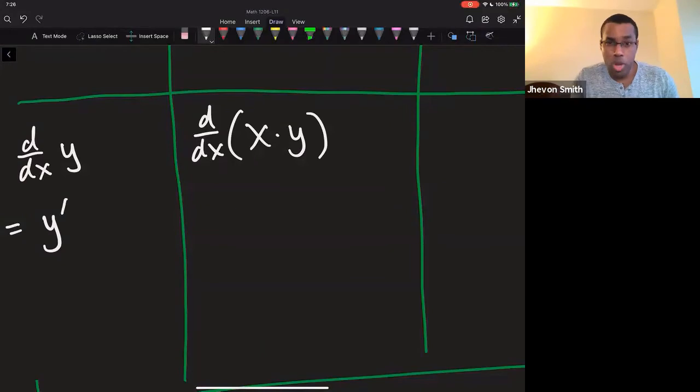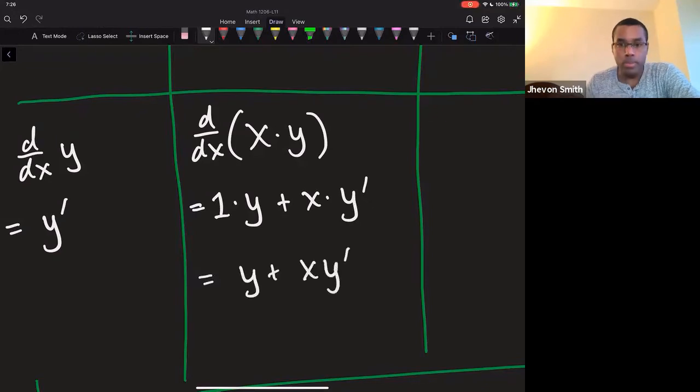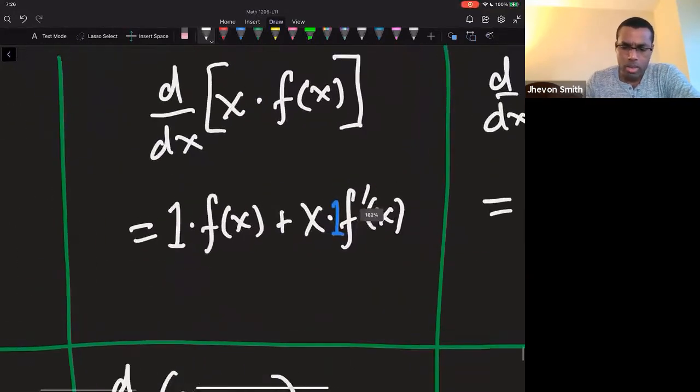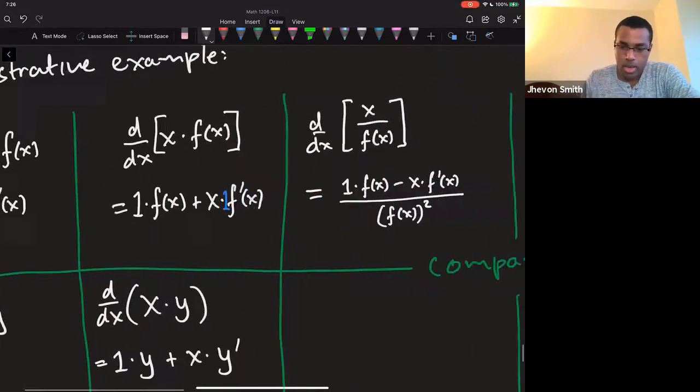Well, product rule, of course, because they're multiplying each other. So you're going to take the derivative of the first one, leave the second, plus leave the first, differentiate the second. So that's going to be y plus xy prime, right? And nothing different is happening than what we did before. Exactly the same thing. It's just that instead of f of x, I'm writing y.